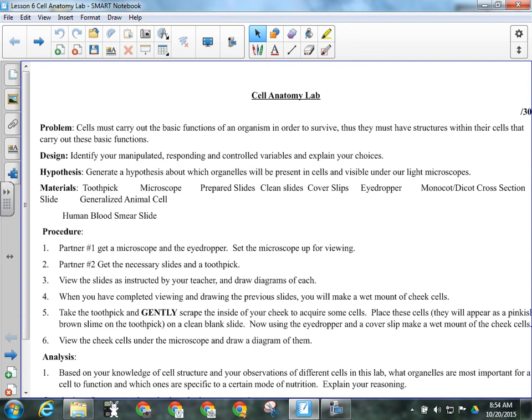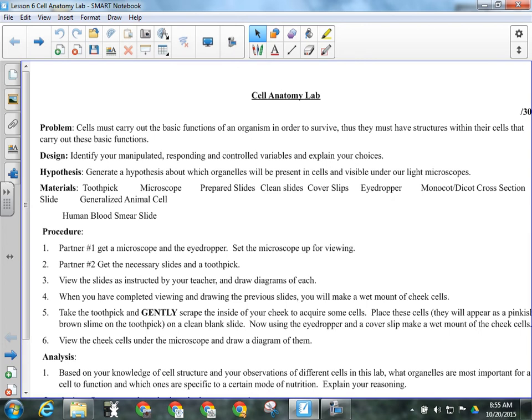Lastly, you're going to look at a swab of your own cells. We're going to take a Q-tip and, like all CSI, swab the inside of your cheek, smear it onto a slide, make a wet mount, and look at your own cells. So basically we're looking at cells from multicellular organisms, but from different kinds of multicellular organisms.